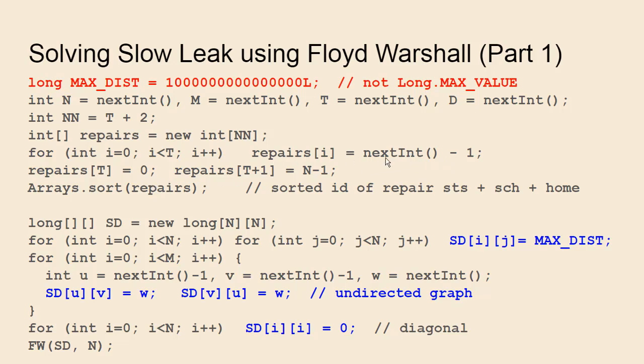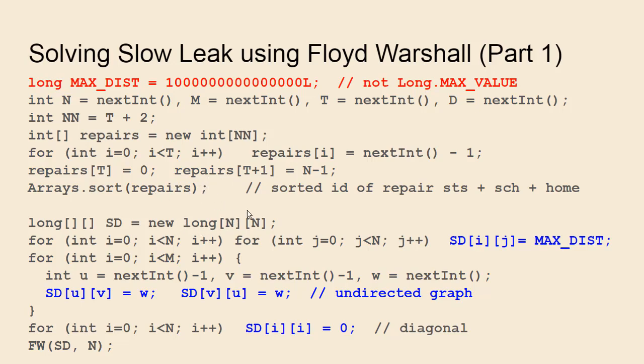In addition to the ones that are read in, I also need to add 0, which is the starting position, the school, and n-1, which represents the home. Then I sort this. So these are all the important points that I care about.